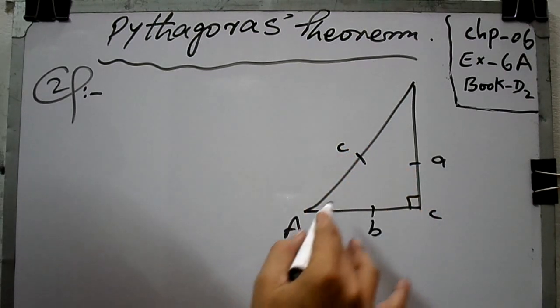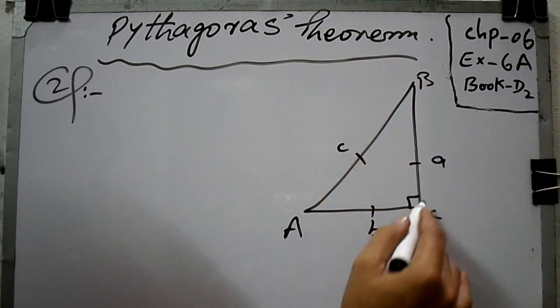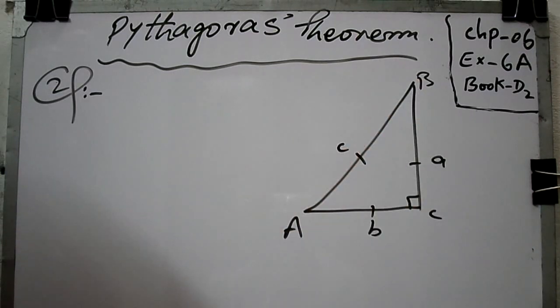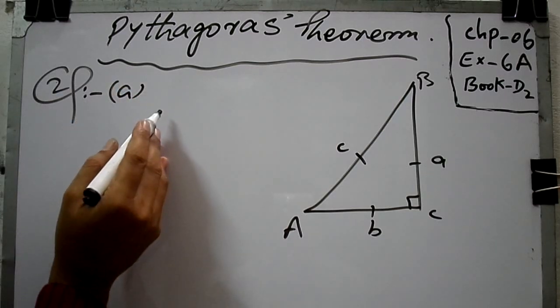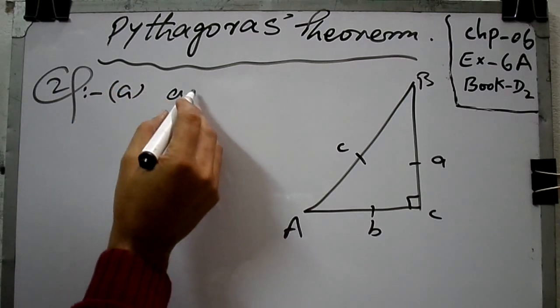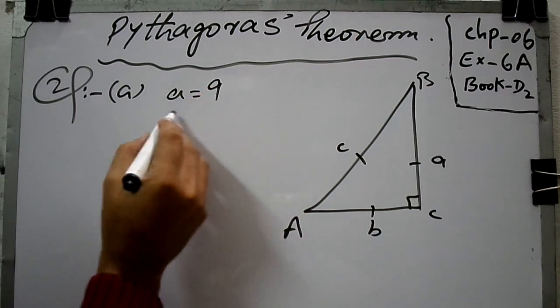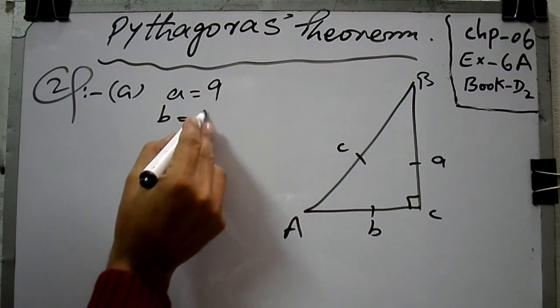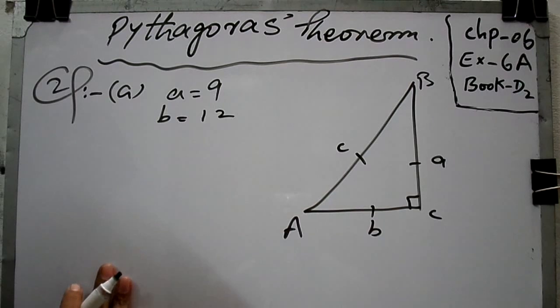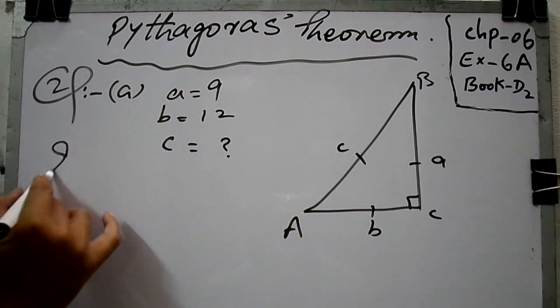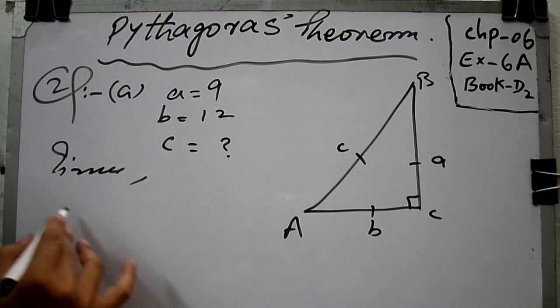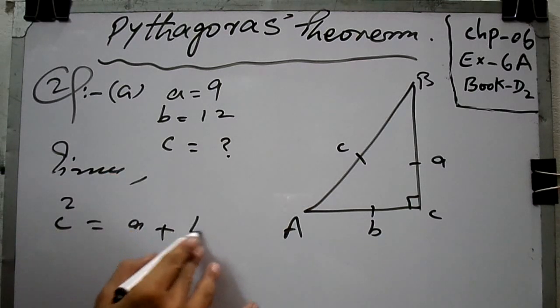So ABC is your triangle, in which in part A you are asked to find the unknown side. Suppose A is equal to 9 and B is equal to 12, then find the third one. You know the third one is C. By Pythagoras theorem, C square is equal to A square plus B square.